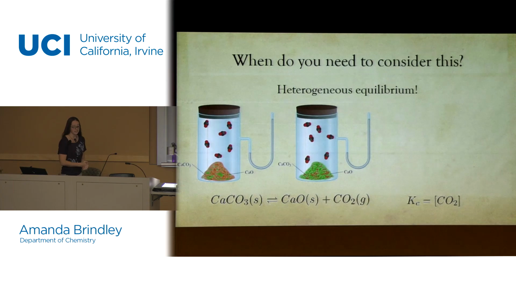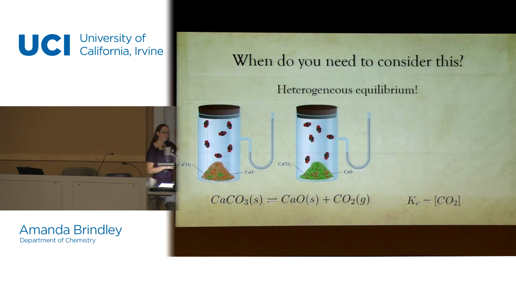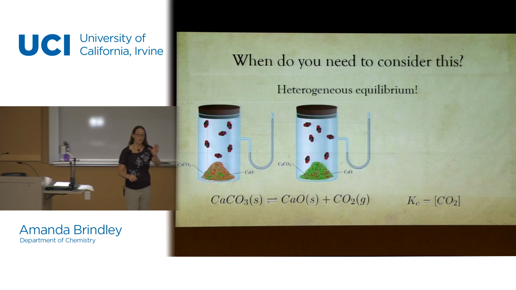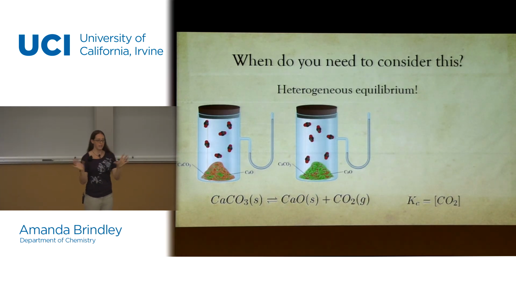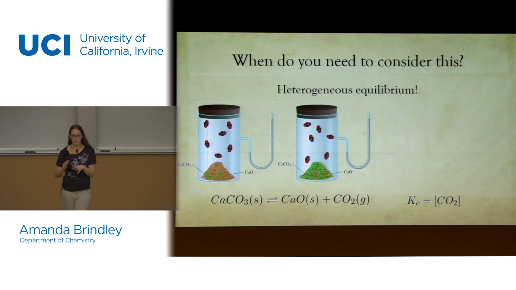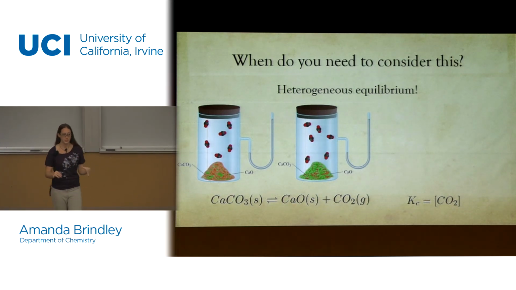Where it does matter is something like this, where we have solids and gases, or solids and aqueous. The reason for that is that your solids and your liquids are not a part of your K, right? We remember that whenever we write a K equation, whenever we do those calculations, we don't include solids and liquids.